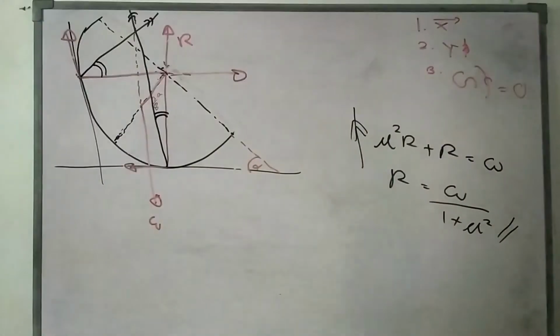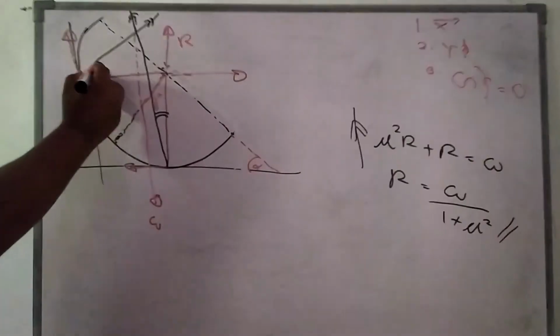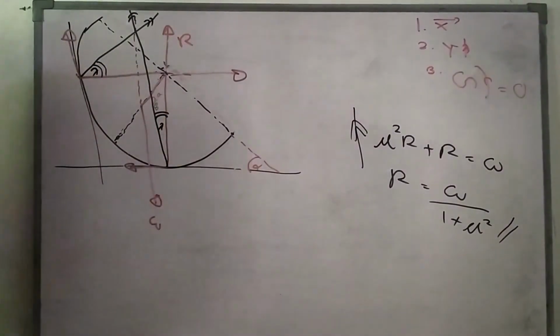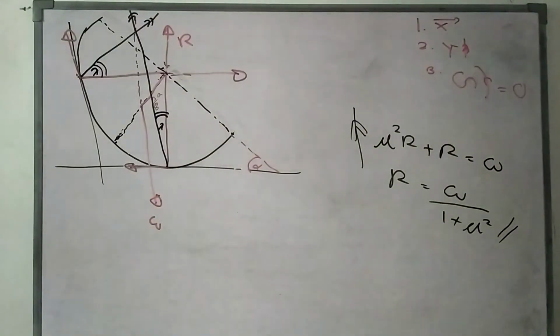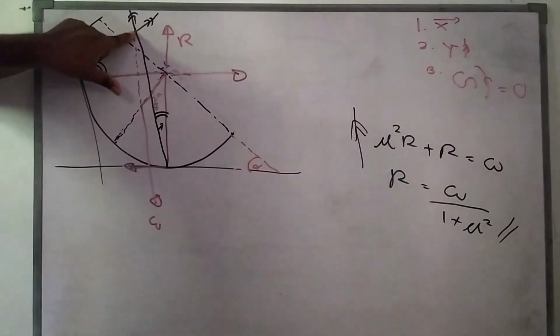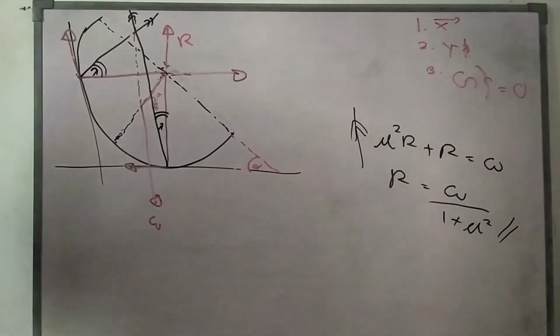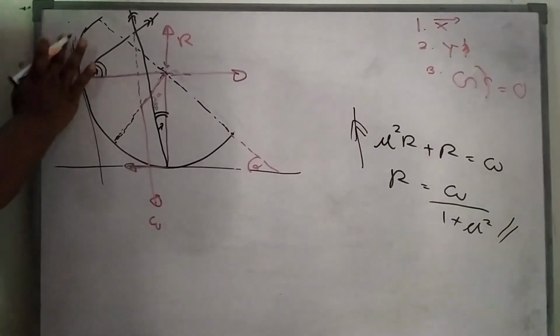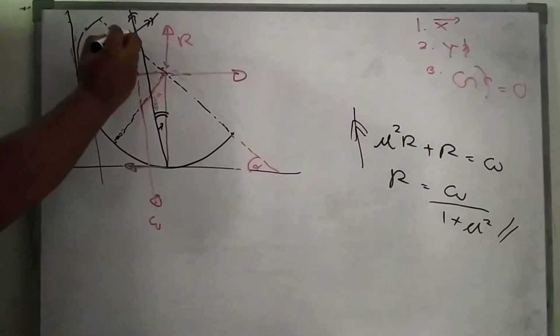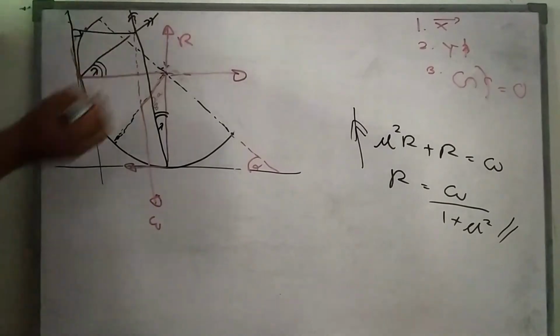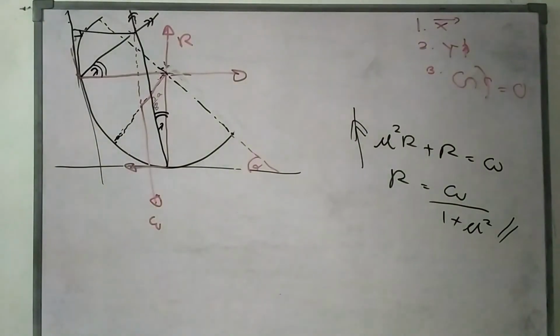Actually these are angles. These are frictional angles, lambda, as I told you in the theory part. This is the collinear point and this is the final reaction position. So we just need to calculate the distance from the wall to that final reaction position.